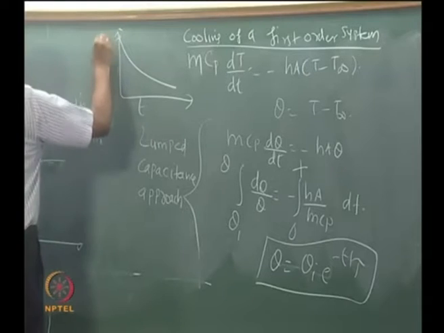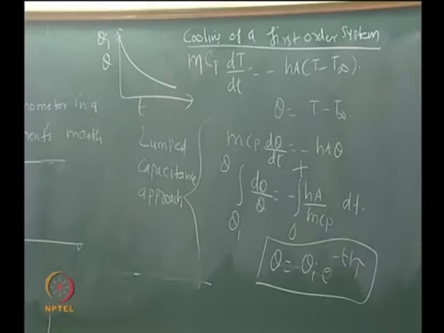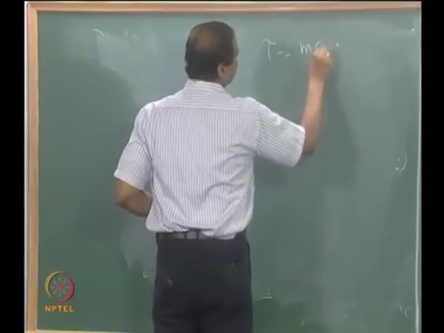At time t equal to 0 this will be theta I. And this tau equal to MCP by HA.